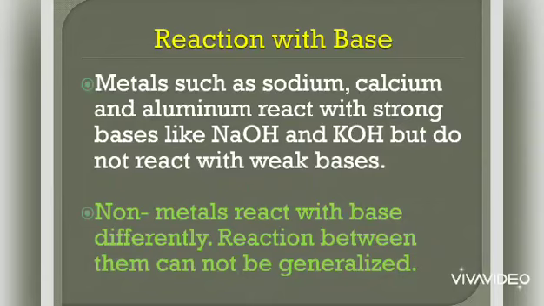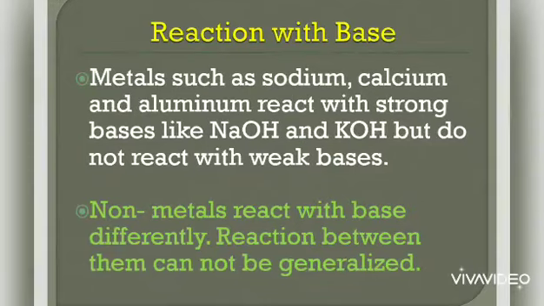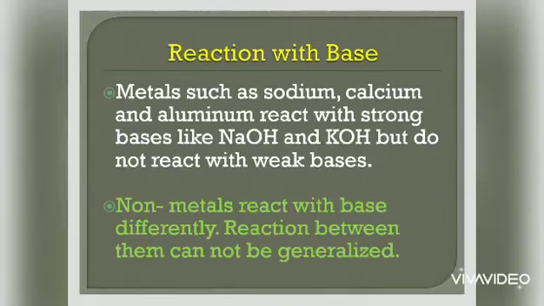Now we will talk about the reaction of metals and non-metals with bases. Metals like sodium, calcium and aluminium react with strong bases like sodium hydroxide and potassium hydroxide, but they do not react with weak bases. Now let me clear up the difference between strong bases and weak bases.